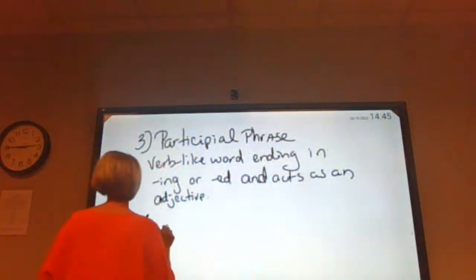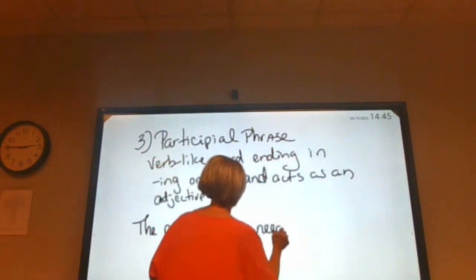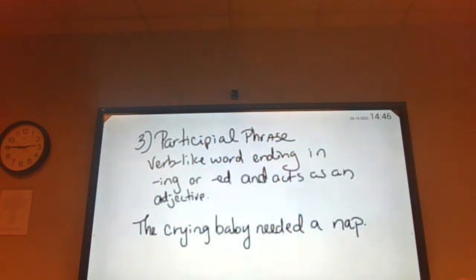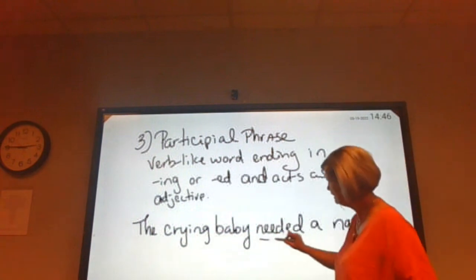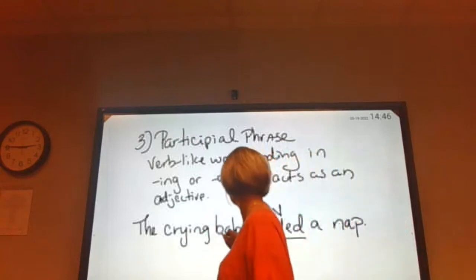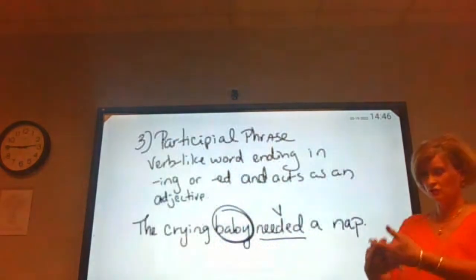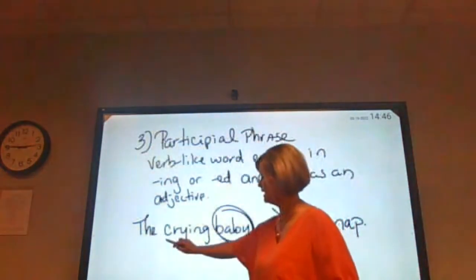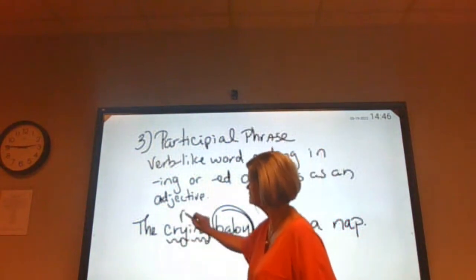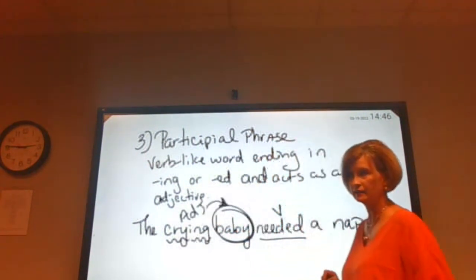Let's see. So if we look at this sentence, "needed" is going to be our verb. Who needed? Baby needed. Okay. So baby is our subject, but when we describe that baby, notice that we have a verb-like word ending in -ing, but this is acting like an adjective because it's telling us what kind of baby we got.